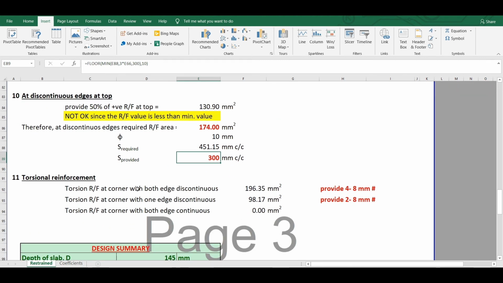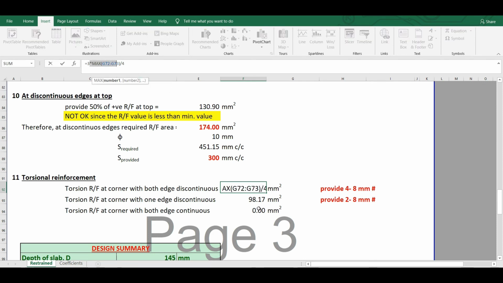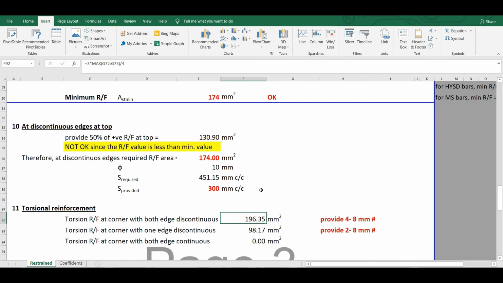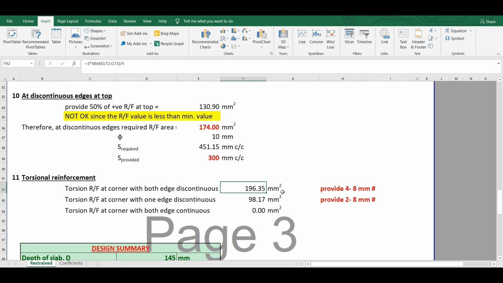Next is the provision for torsional reinforcement. Now the torsional reinforcement at corners with both edges discontinuous. For that we need to provide 3/4 of maximum area at the mid span. So 3/4 is nothing but 75% of what is provided in the mid span. So 75% of mid span steel will come out to be 196.35 mm square, and I have provided 8 mm bars.